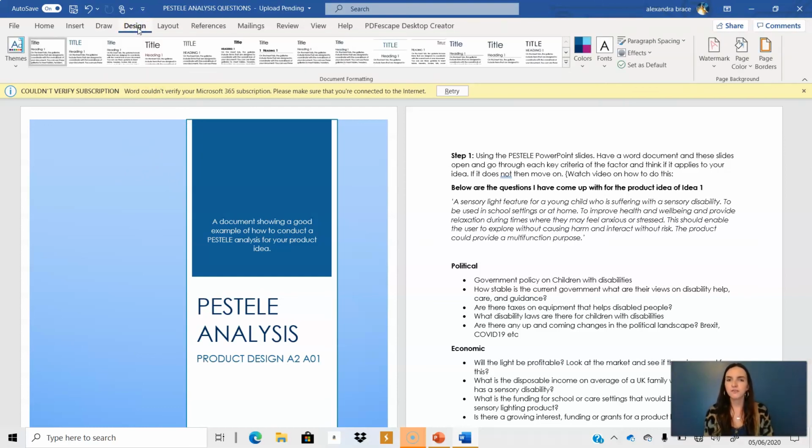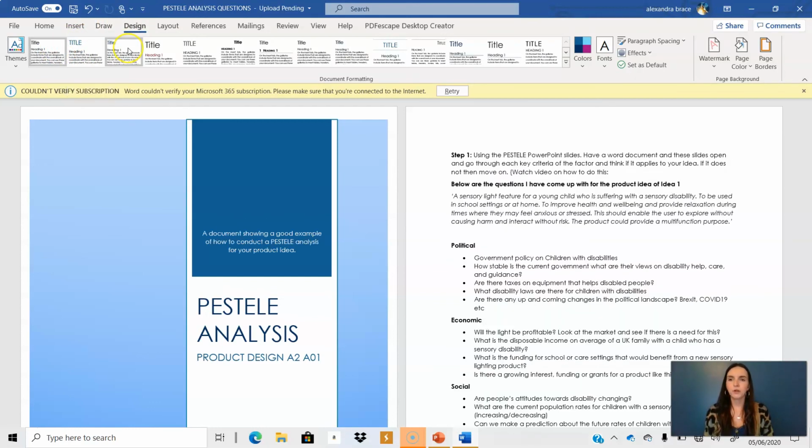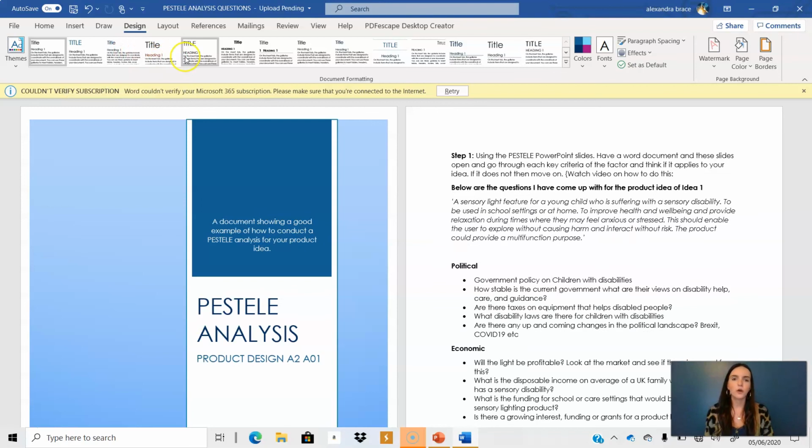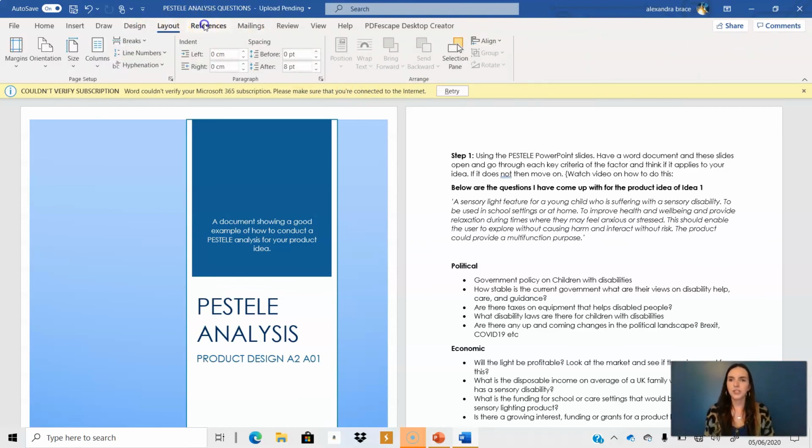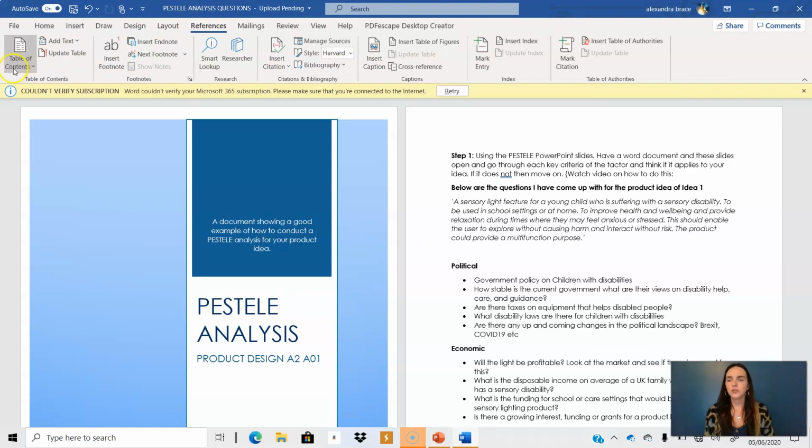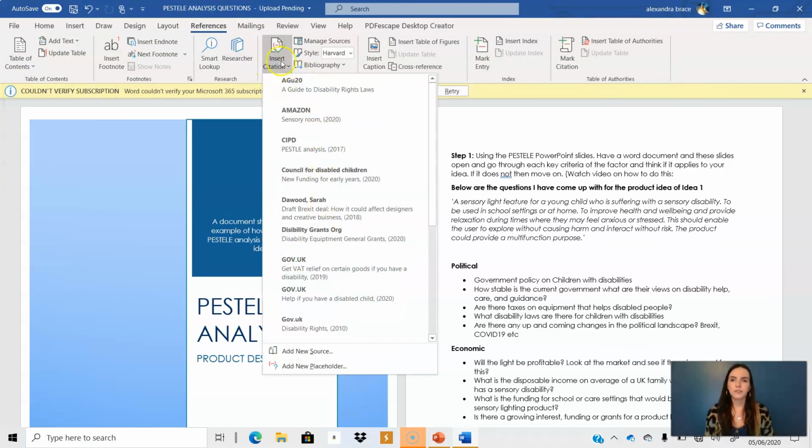You've got the design features here to give your pages a bit more of a professional touch. So you can see as I hover over each of these, the style of my document slightly changes. You've also got some layout features. The references is great because you can add a table of contents. You can put all of your references in there.